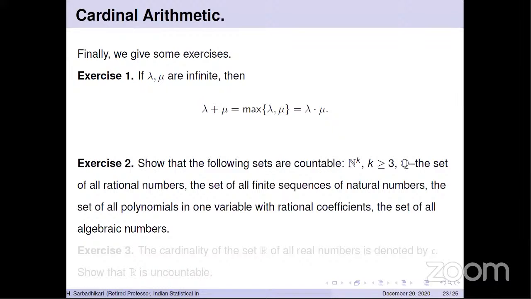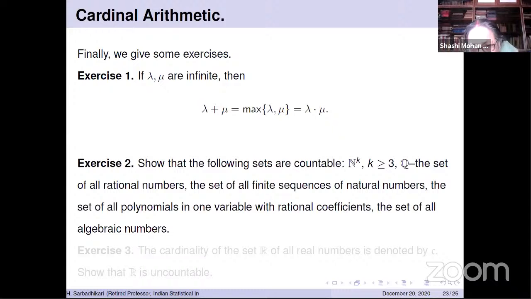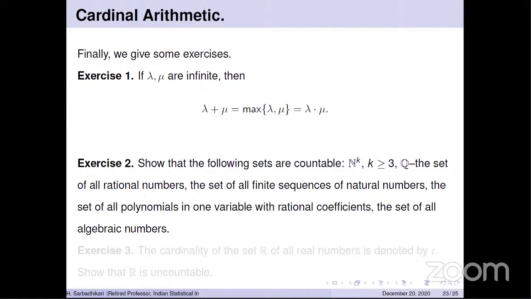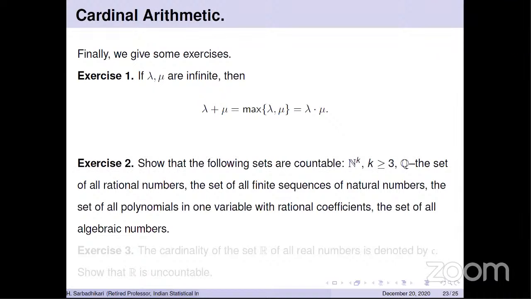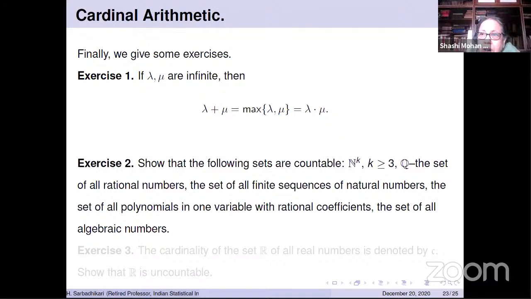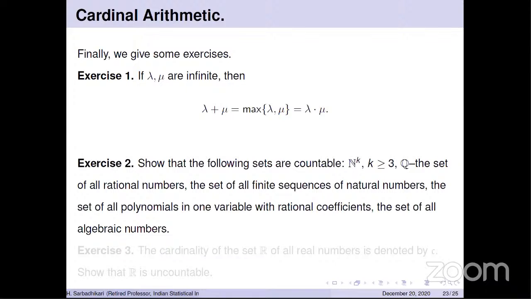For each x to the i, you consider one capital X set. Capital X is the set of rational numbers. You mean you are taking each coefficient as a capital X set at each coefficient place? Yes. Let's say I have a0 x to the 0 plus a1 x to the 1 plus a2 x to the 2.